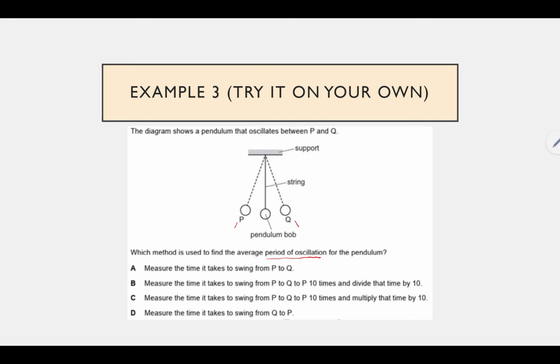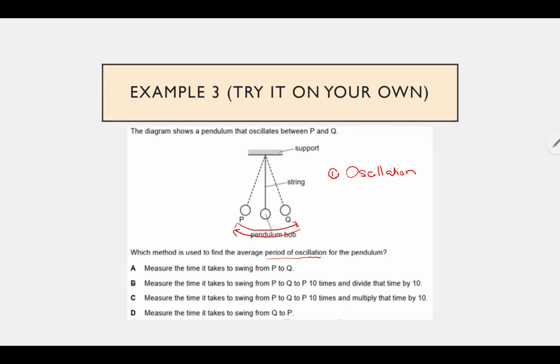First thing we need to know is, remember, we said an oscillation is when it goes from a starting point all the way to the end and back. So if I'm starting at P, then I need to go all the way to Q and back.